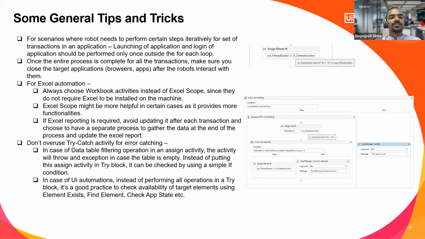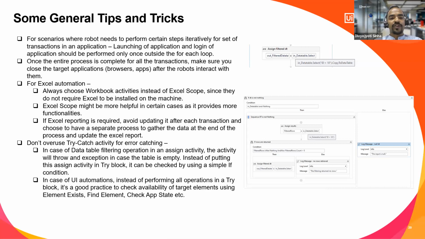So opening of the application should only happen once at the start. And after the process gets completed, you need to make sure that whatever applications you are leveraging inside that automation workflow, you close all of them after the robot interacts with them.